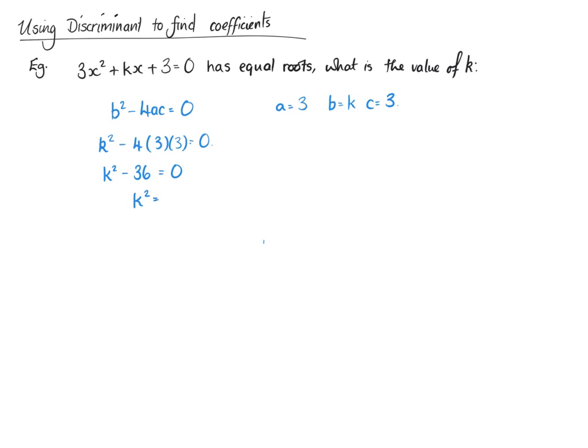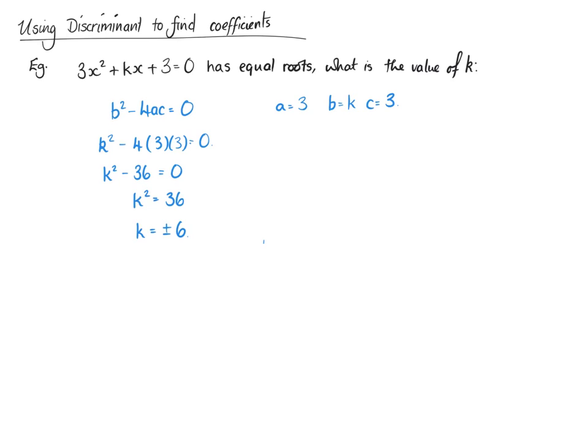Okay, so we get k squared equals 36. And here is where something comes in that I'm not totally sure we'll have seen before, which is when we take the square root, it's plus or minus. So the square root of 36 is 6, because in this case either 6 or minus 6 when we square it would give us 36.